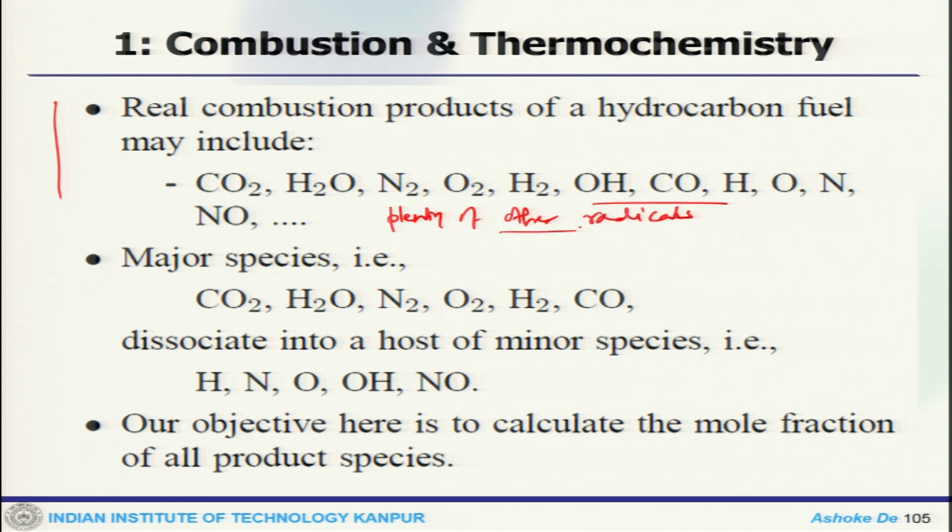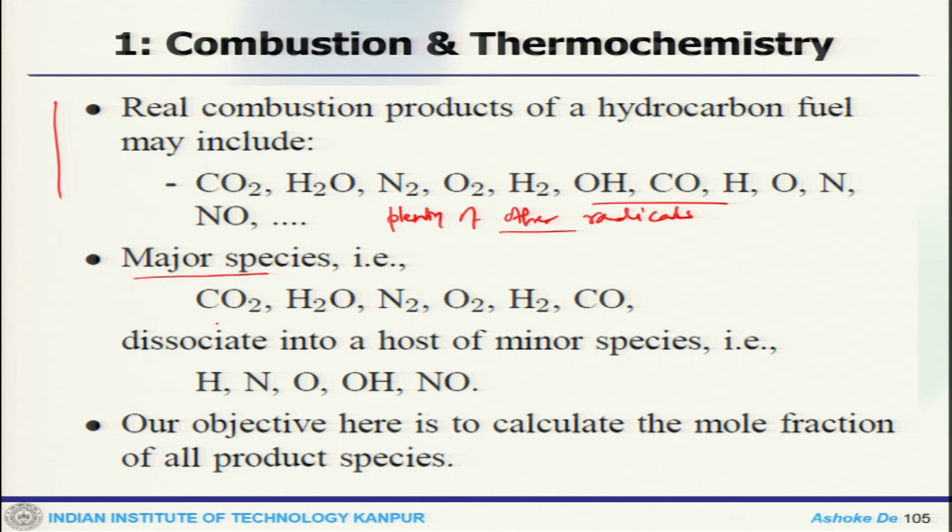The radicals are formed and are actually the carriers of any reaction, but they get consumed. So, at the end you get to see the global products, and you can say there are some major species. In any combustion system you have some major species and some minor species.